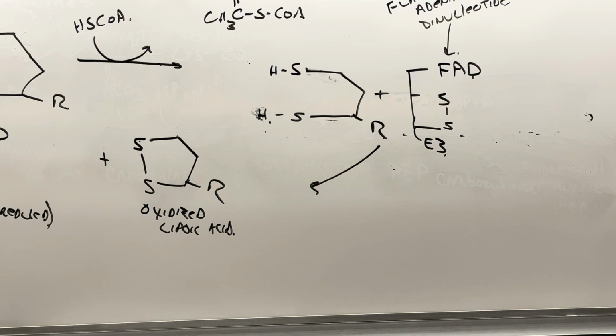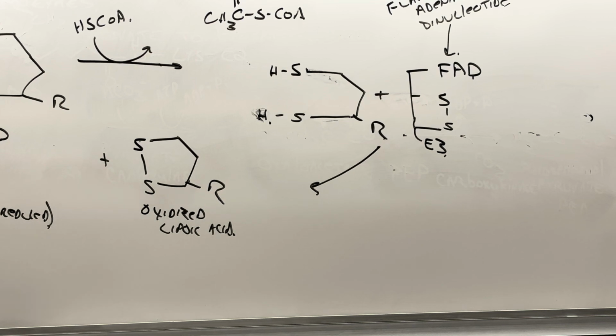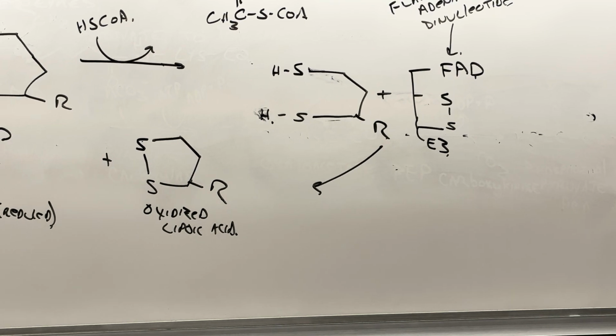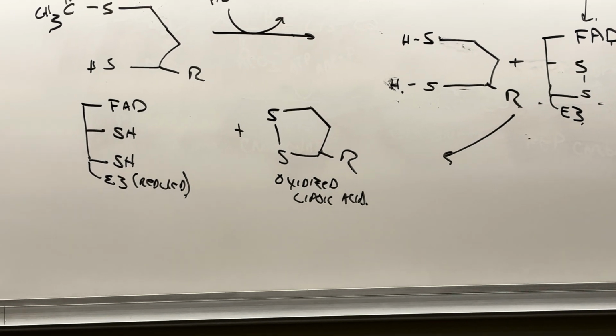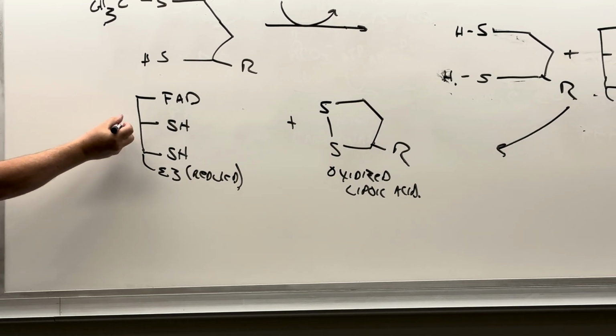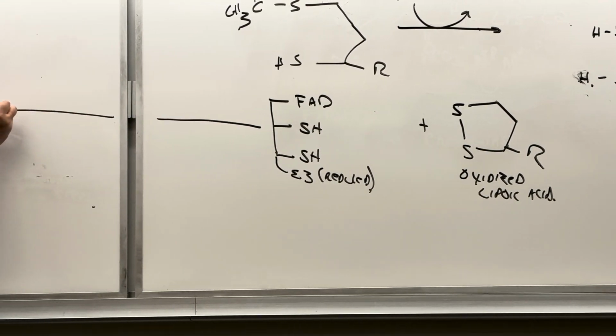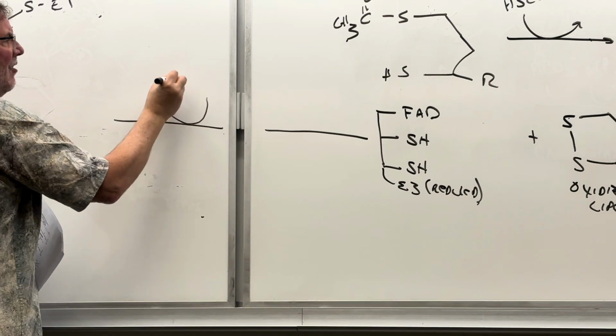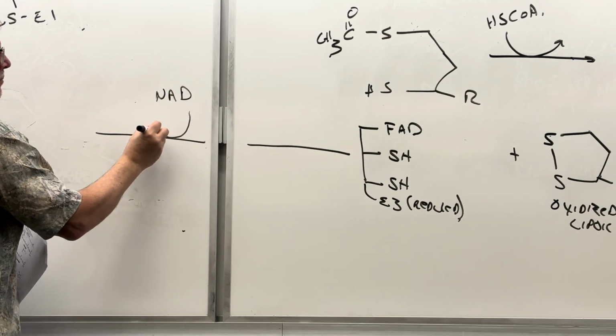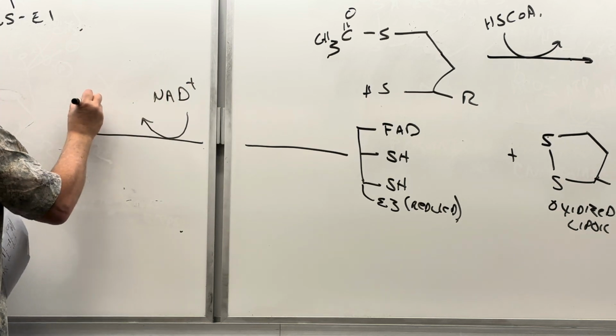Now we're not quite done, because we have some high energy electrons here in these reduced thiols. We have to transfer those electrons to NAD to make NADH. So the final step, I needed to plan ahead a little bit more, we're going to bring in NAD and make NADH.